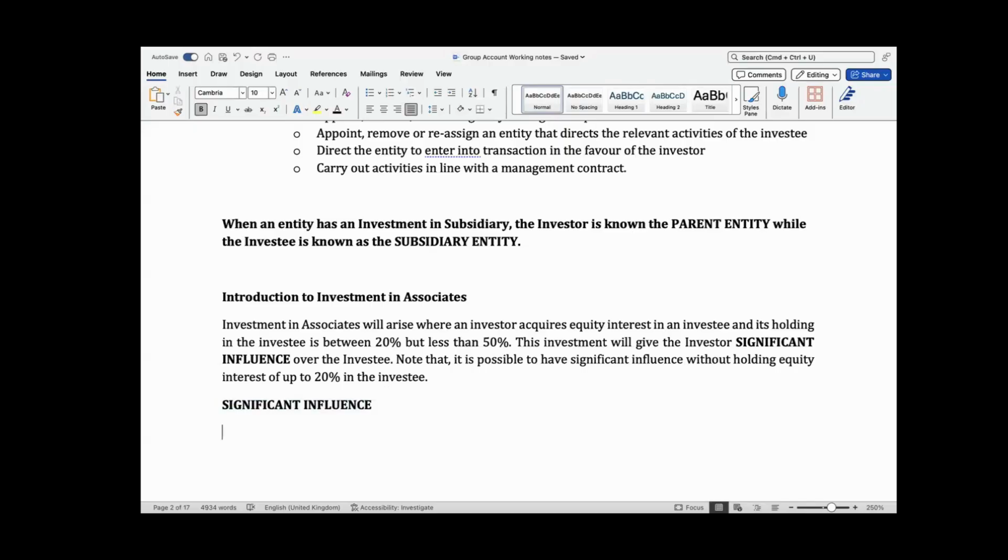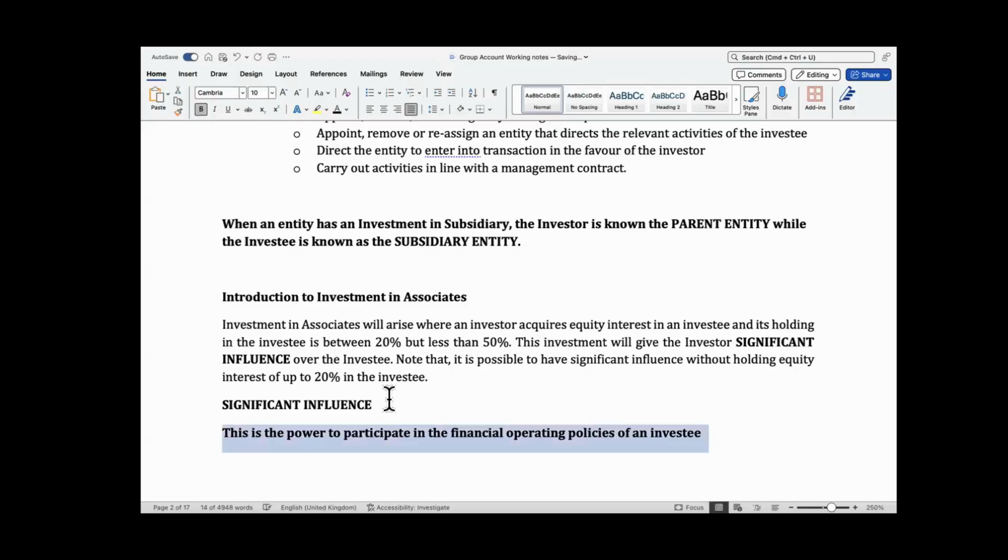So when we say significant influence, this is the power to participate in the financial and operating policies of an investee. When you can participate, you can just participate in their financial and operating policies of that investee.